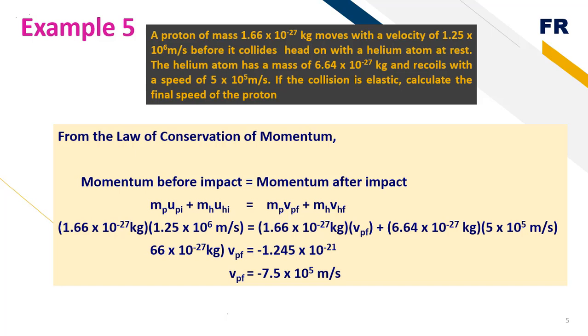The helium atom has a mass of 6.64 times 10 to the power of minus 27 kilograms and recoils with a speed of 5 times 10 to the power of 5 meter per second. If the collision is elastic, calculate the final speed of the proton.